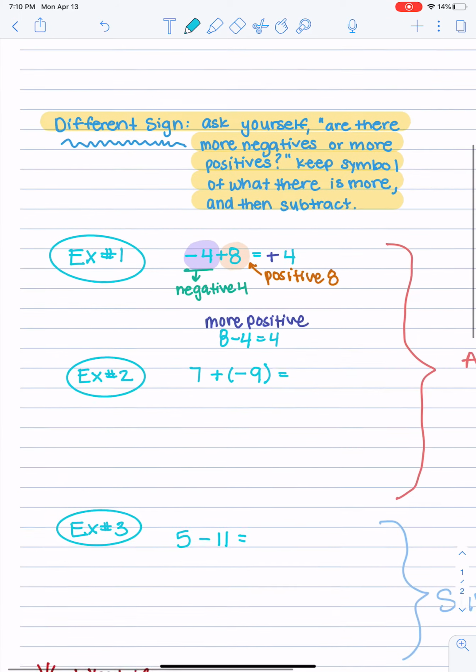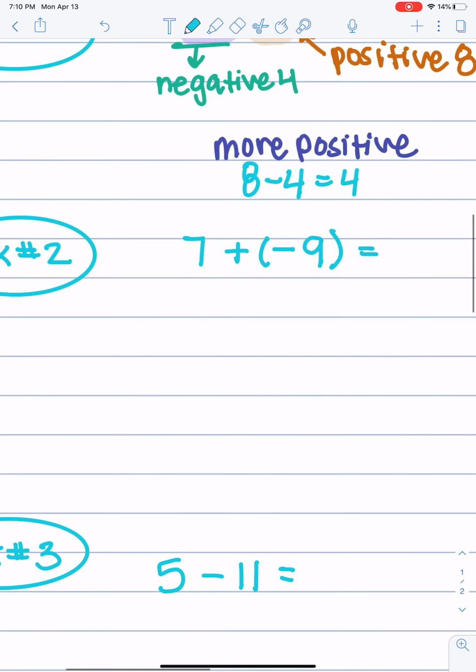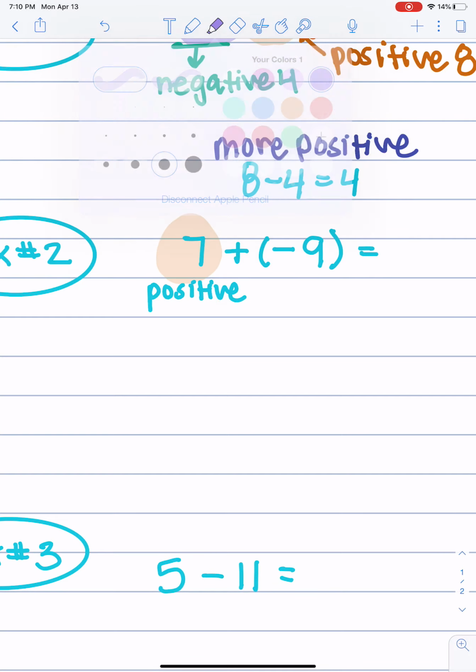Okay, let's go ahead and try another example. This 7, positive or negative? Positive. This 9, positive or negative? Negative.